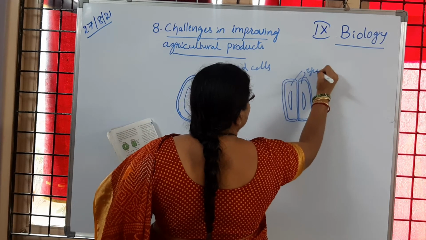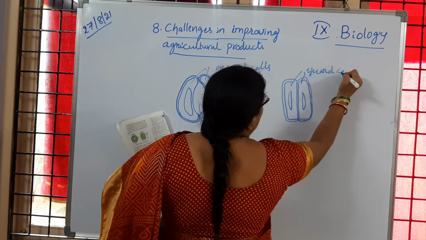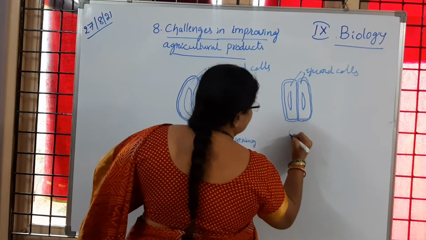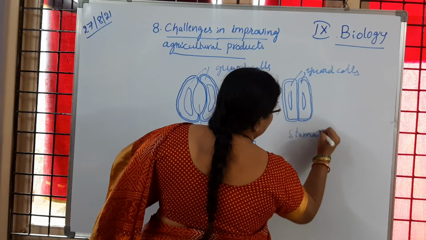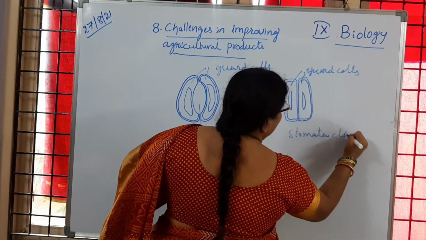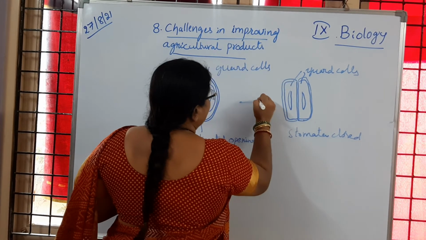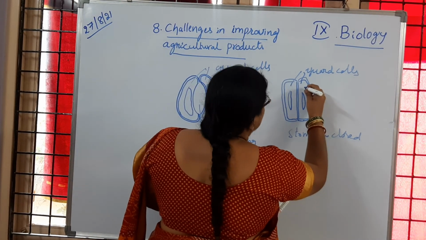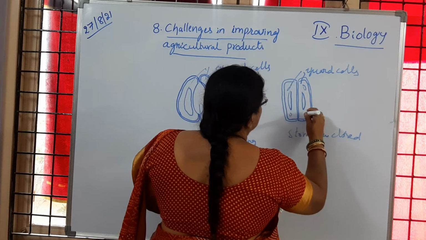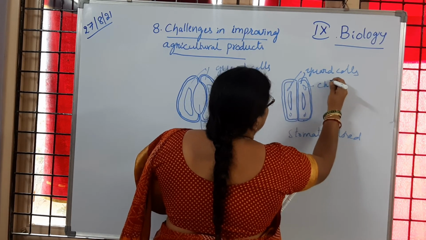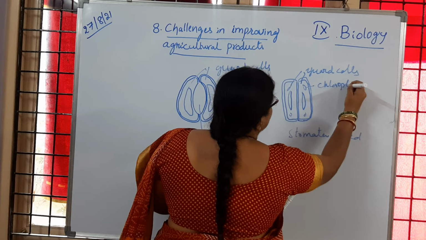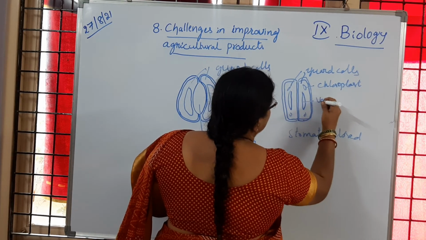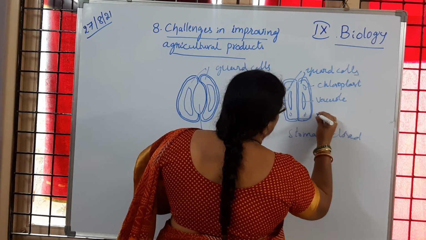These are guard cells and stomata closed. Chloroplast, vacuole, cell wall.